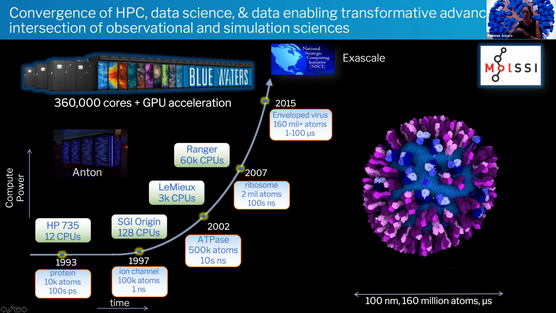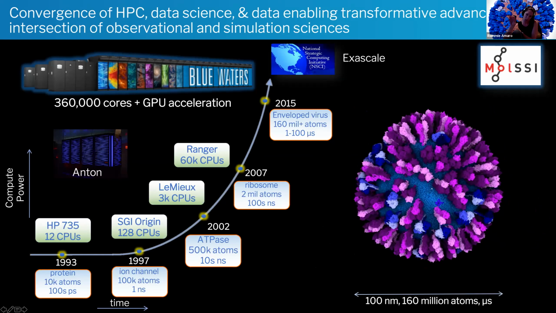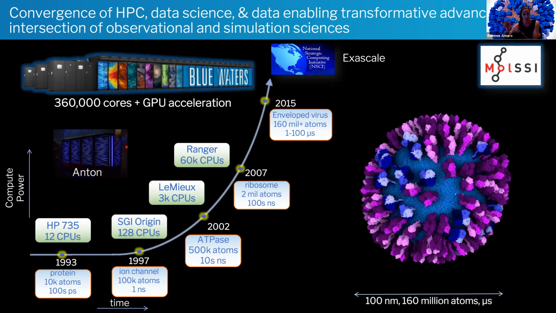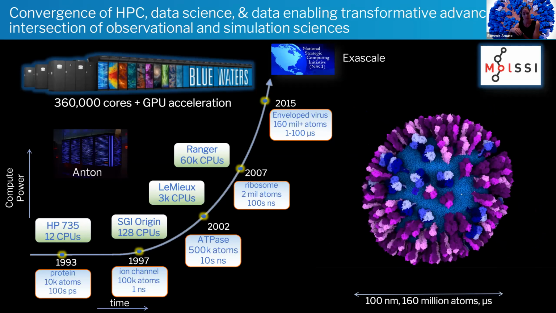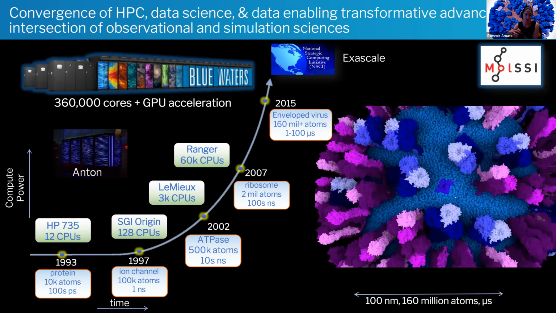I'll tell you about our work with Influenza, which is this little rotating ball that you see on the right of the screen. In addition to the complexity and size of the systems, the timescales that we're able to reach have also been correspondingly increasing.